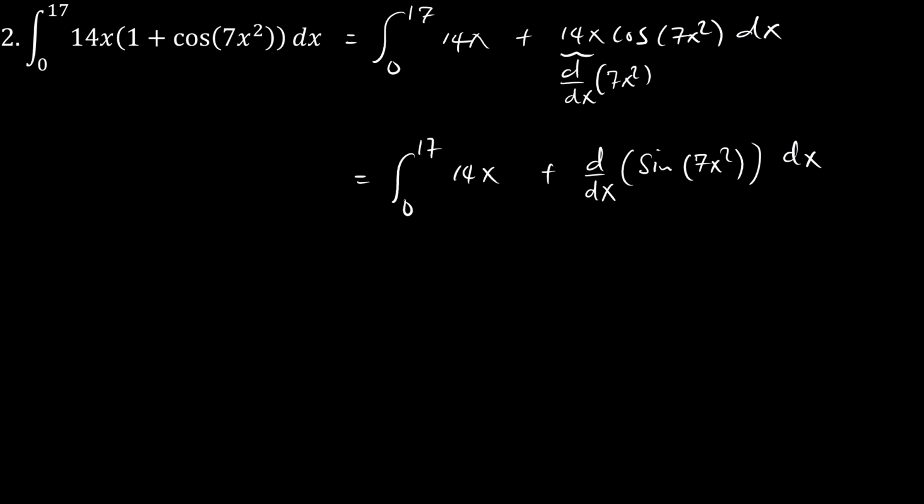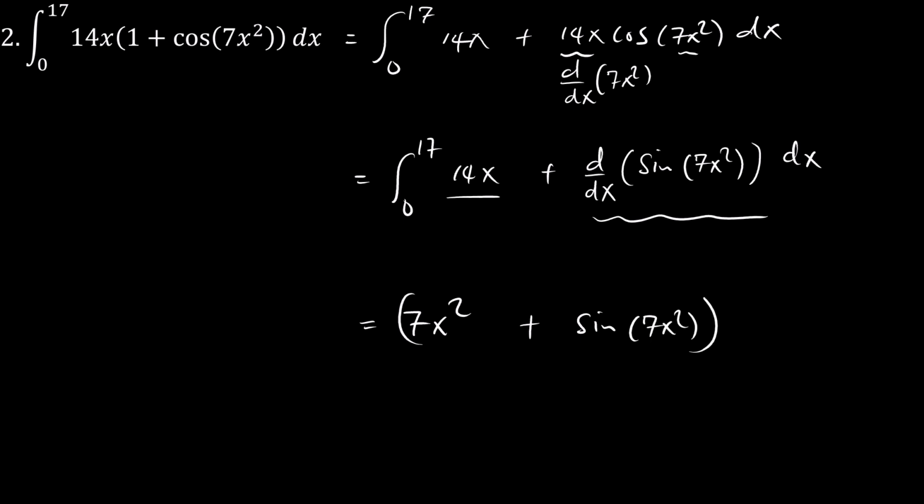Okay, we have a nested component here being differentiated. So since we have here now a derivative, we can integrate this, which is going to be 7x squared, right, plus sine of 7x squared, and then we'll put a bracket here, but we do have our limits here.